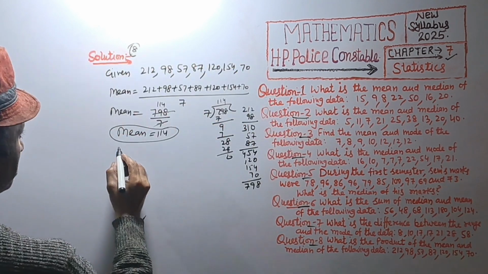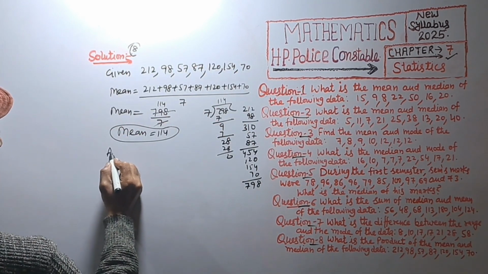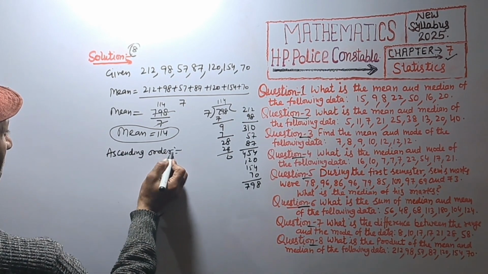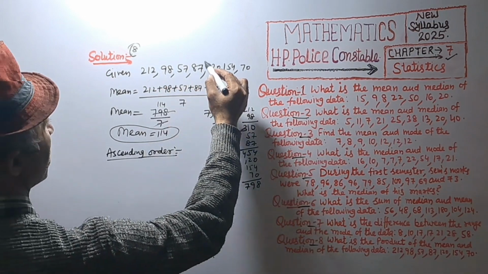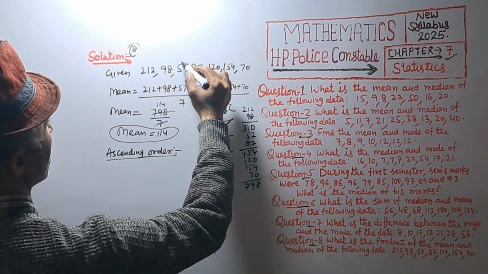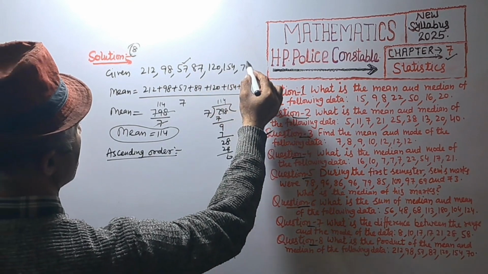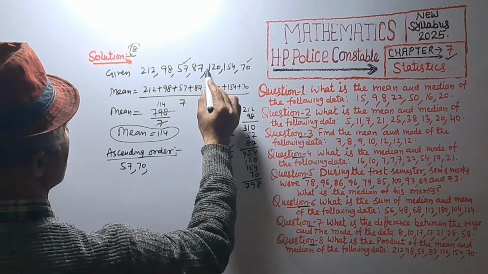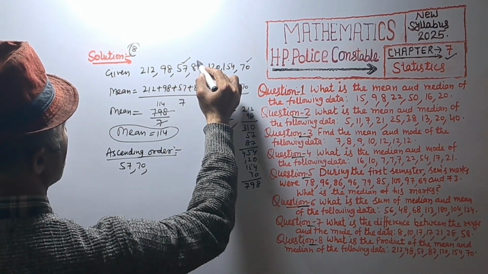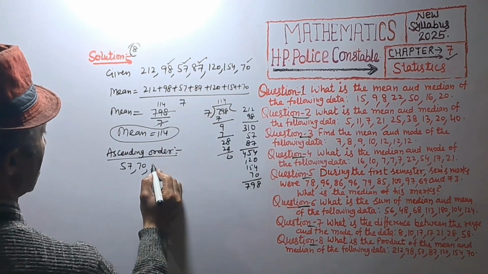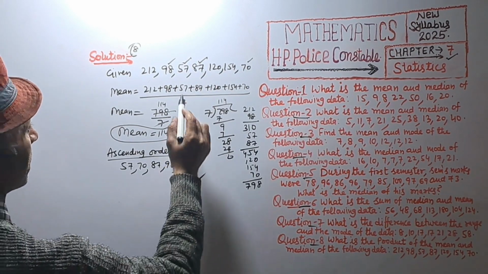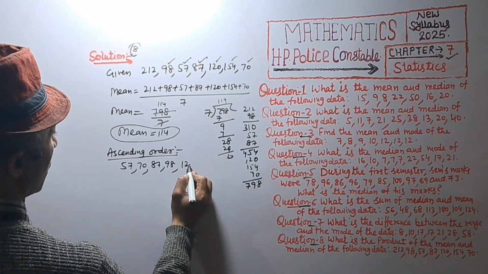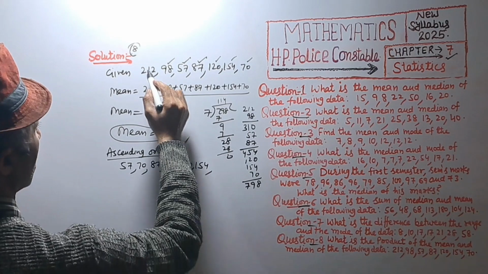And median, so ascending order. Smallest number is 57, then 70, 87, 98, 120 and 154.